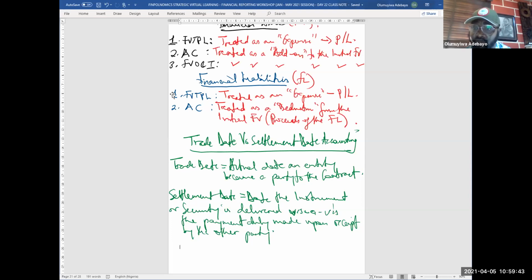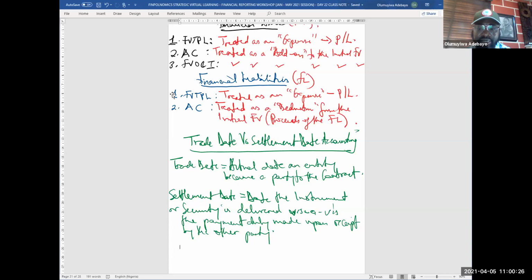But if I carry it at settlement date fair value, I'll recognize a day 1 loss of 2 kobo, because when I made the commitment it was 5 naira 10 kobo, but on delivery it is 5 naira 8 kobo. Conversely, it can be a day 1 gain.